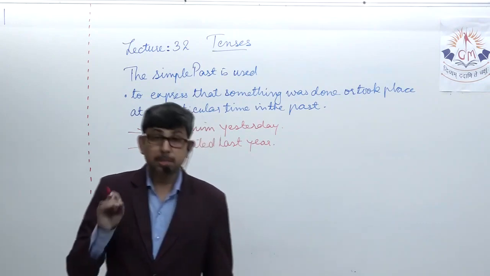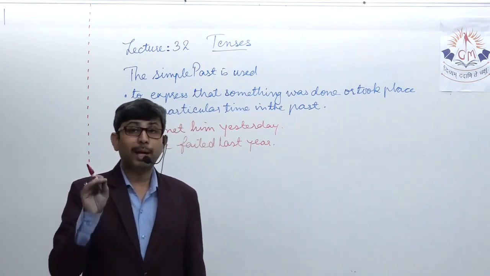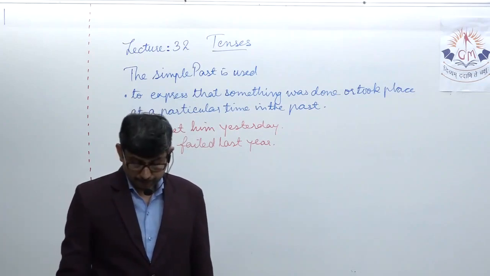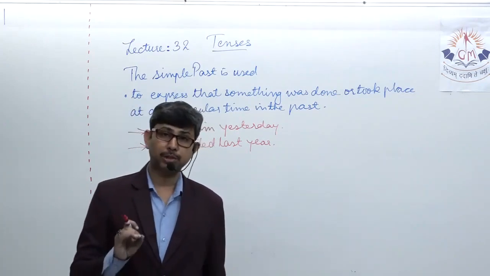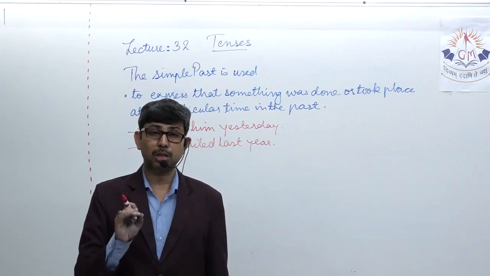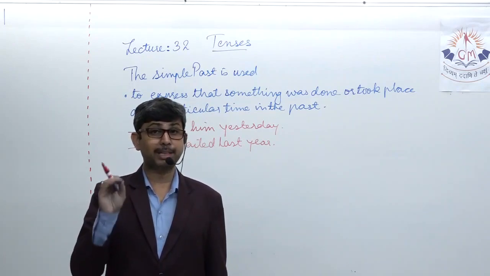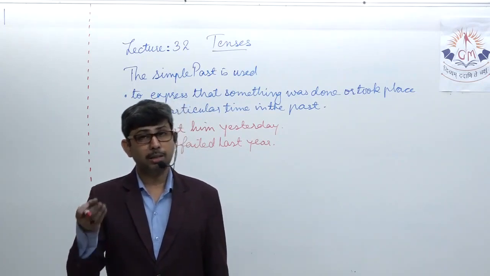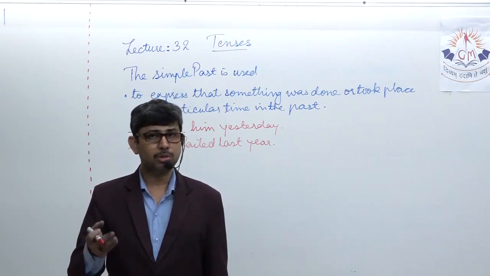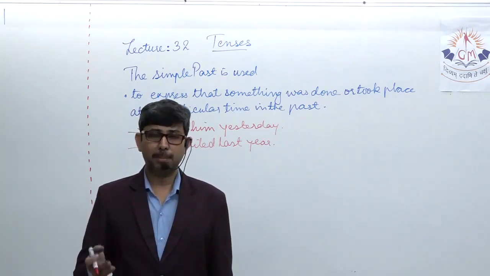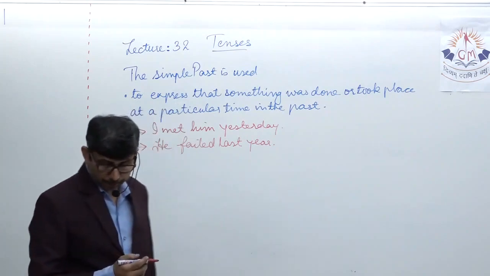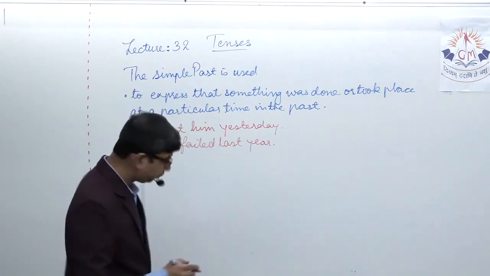Well, the simple past is also used to express one more idea, that is a habitual action. Just as you learned in the previous lecture, the simple present was used to express a habitual action. In the same manner, the simple past is used to express a habitual action. Let's see how with an example.